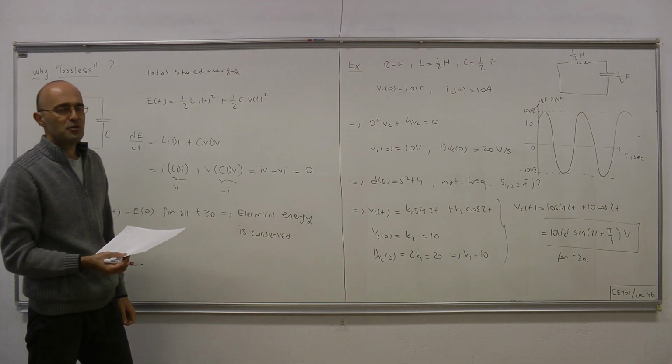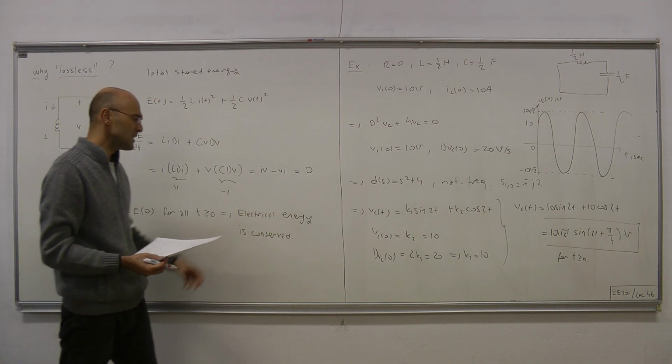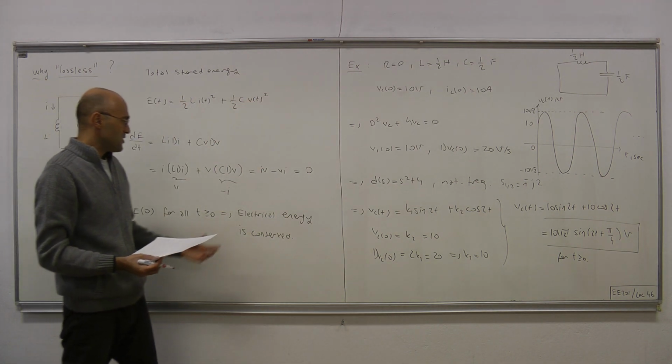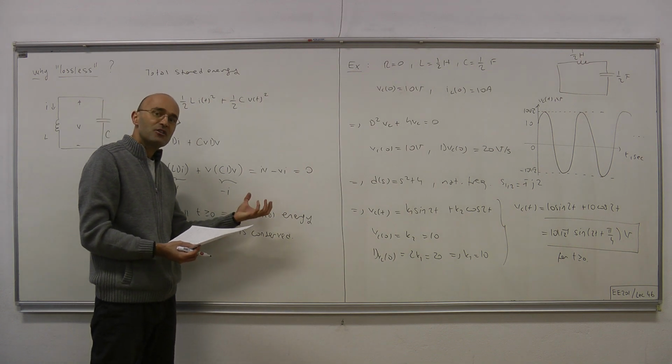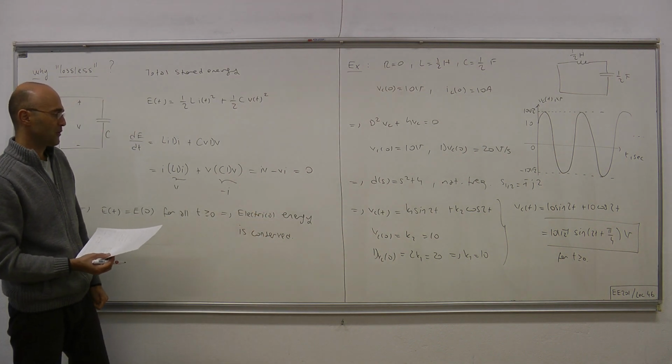Whenever we have a resistor in the circuit, electrical energy is transformed into heat energy and escapes from the circuit. But in this case, there is no transformation. The energy remains in electrical form for all future times, and therefore we can use the statement electrical energy is conserved.